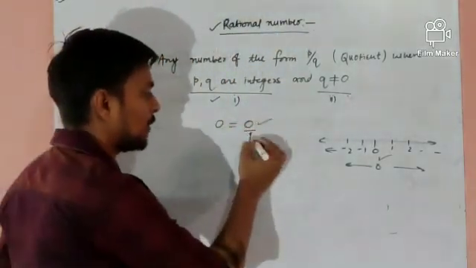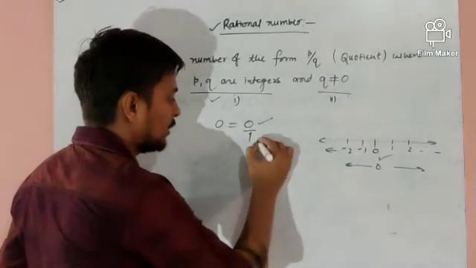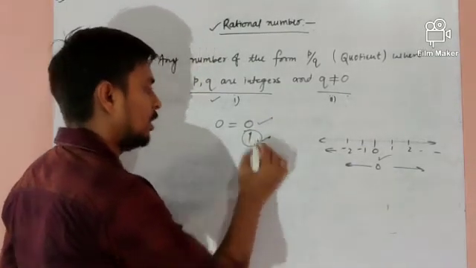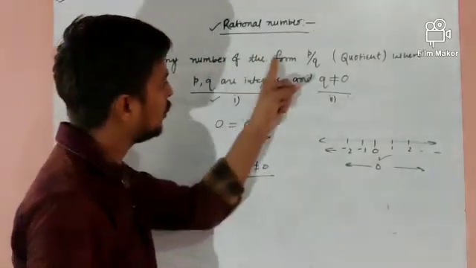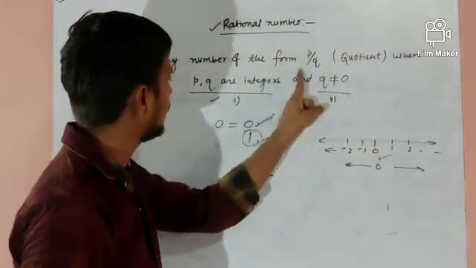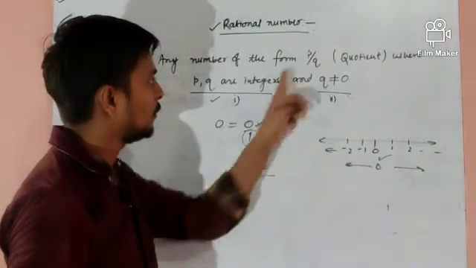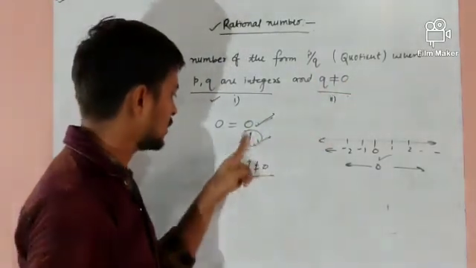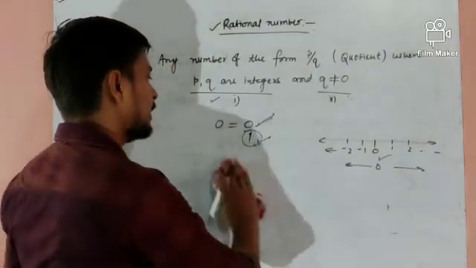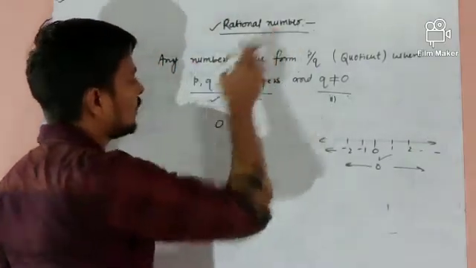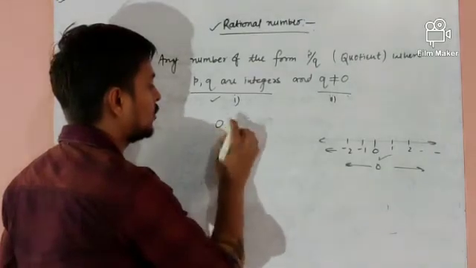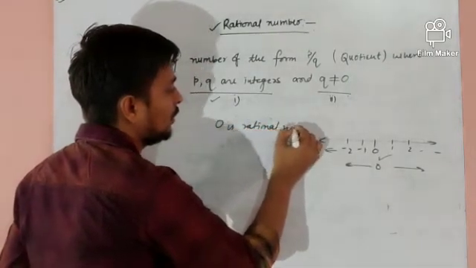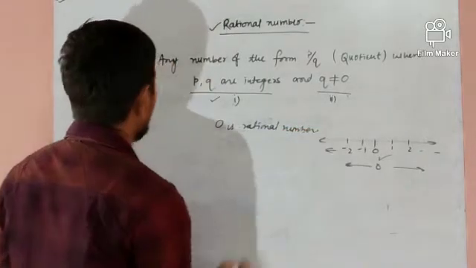So 0 upon 1 has an integer numerator, and the denominator is not equal to 0. There is no condition on the numerator; p is an integer, done. The second restriction is only on q, that q is not equal to 0. So it satisfies the definition of rational number. So 0 is also a rational number.